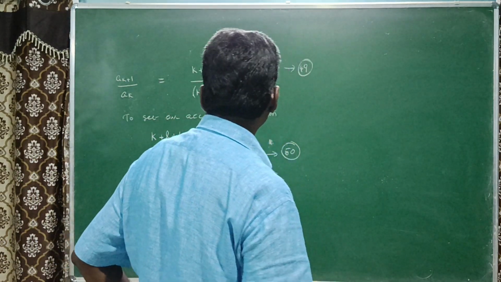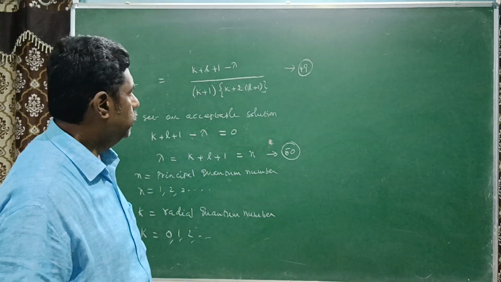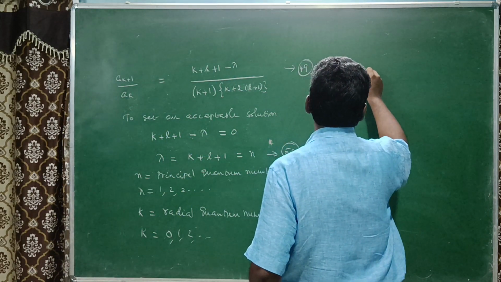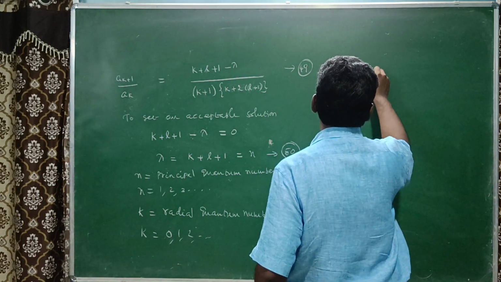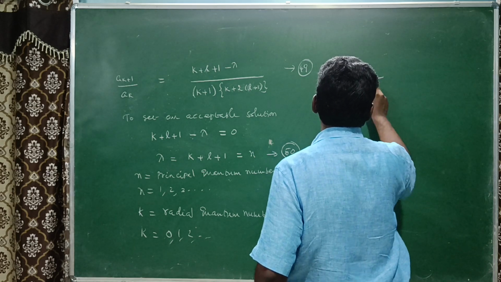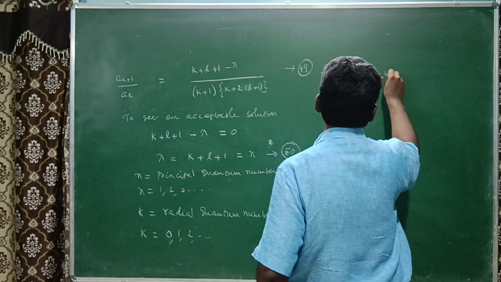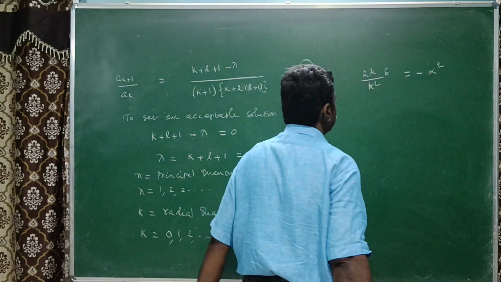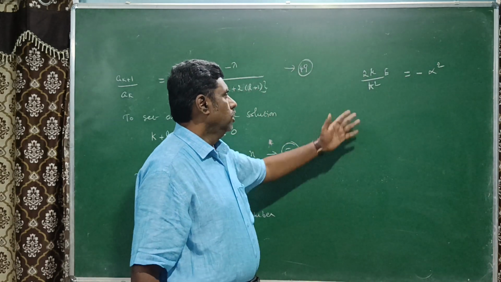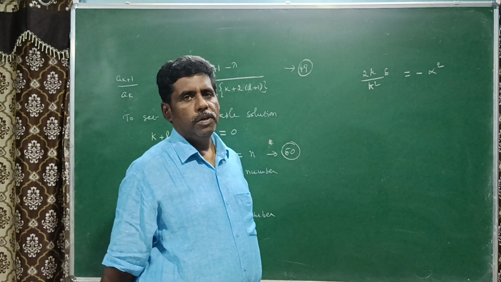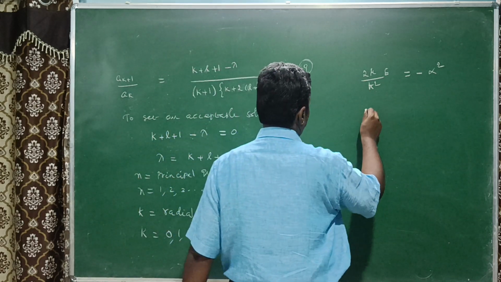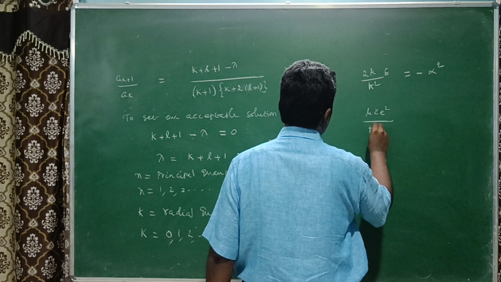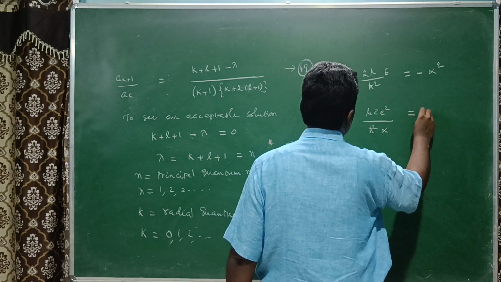Now we have to derive an expression for energy. Already we have substituted the value of 2 mu by h cross square into E equal to minus alpha square. 2 mu E by h cross square is alpha square, then mu z e square divided by h cross square alpha equal to lambda.